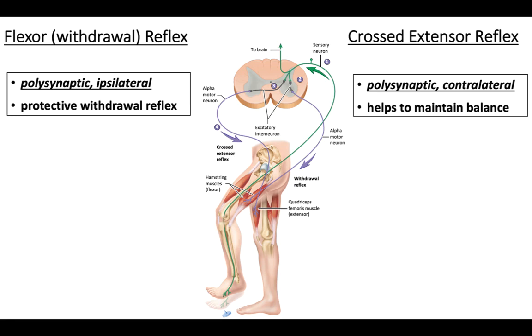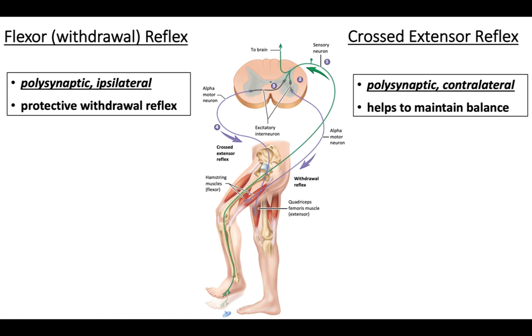If you touch a hot stove, you're going to cause flexion of your elbow, which is going to withdraw your hand from that hot stove or whatever. In this case, we're stepping on something painful, and to remove the foot, we are flexing the knee. So it's a flexion of the knee that withdraws your foot from the painful stimulus.